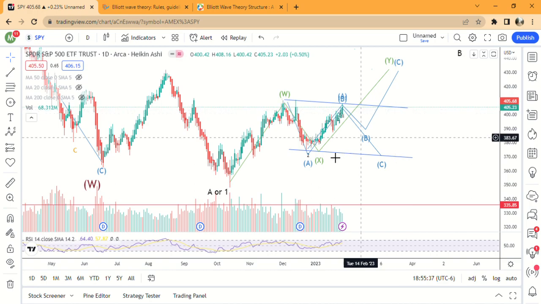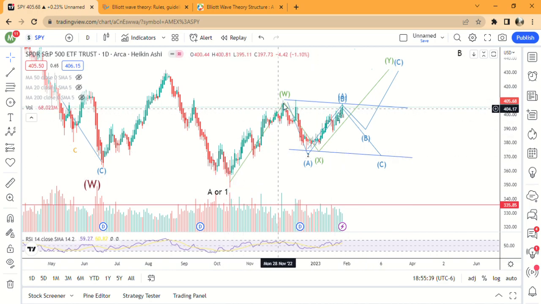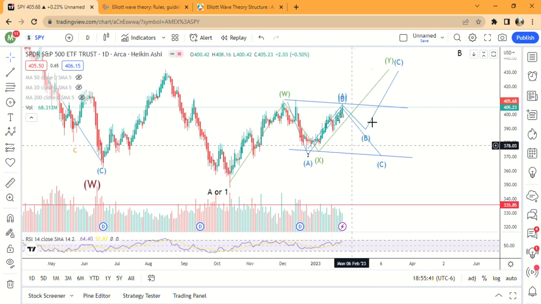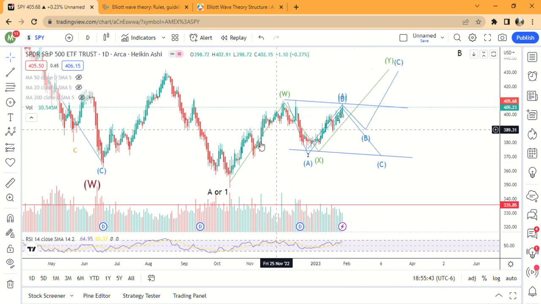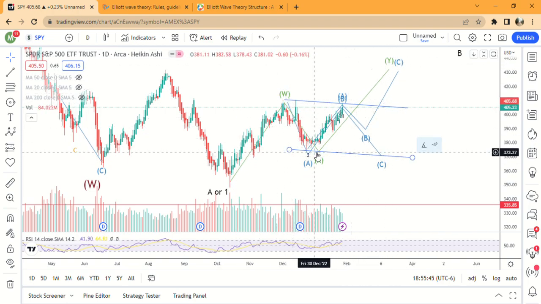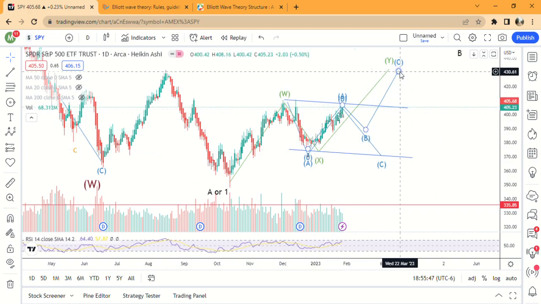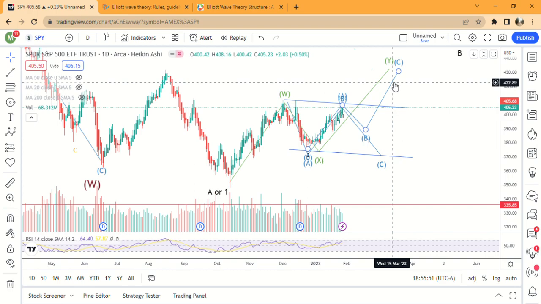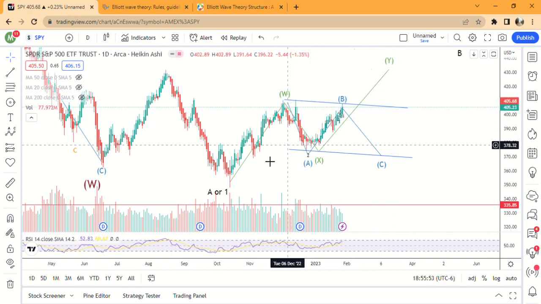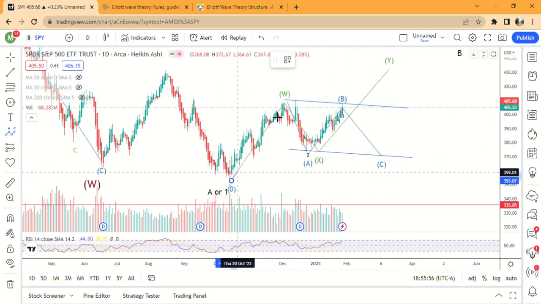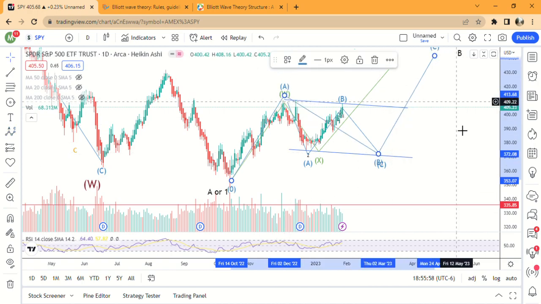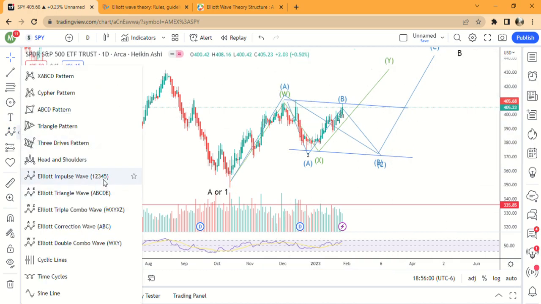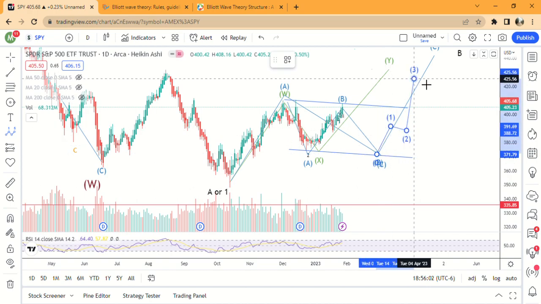So it's either going to be a traditional ABC move, or we're getting a WXY, in which is going to be ABC, pullback, A, B, C, like that. So basically a double three. So we're either getting a double three, or we're going to get a traditional ABC move where it's like this, and we get a 5-wave move from down at 370.